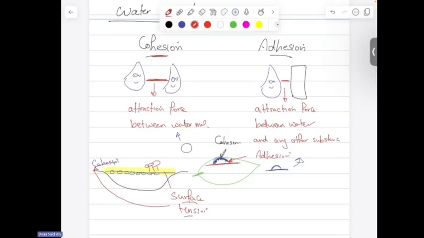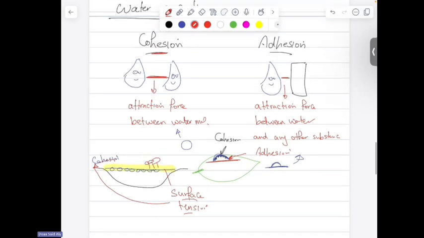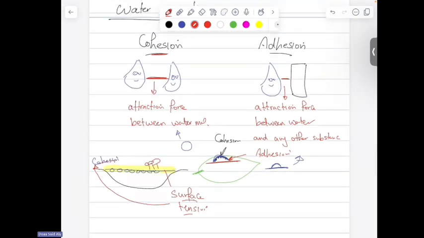طيب, what about the adhesion? Regarding the adhesion, طبعا adhesion is when water sticks to something else or to another surface. Let's say that we have a beaker, and this beaker has water, and in the beaker we put a thin tube.